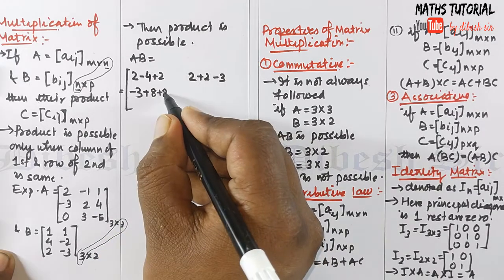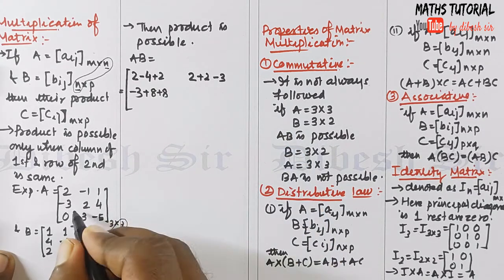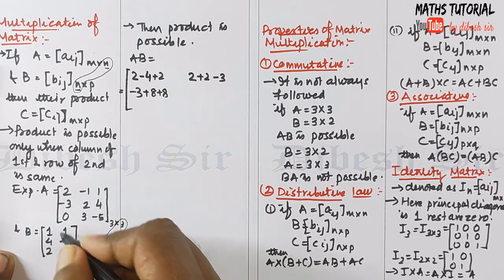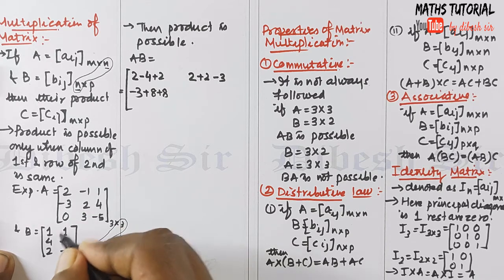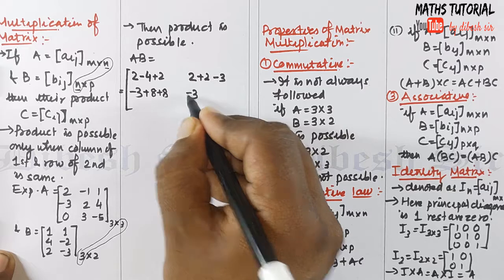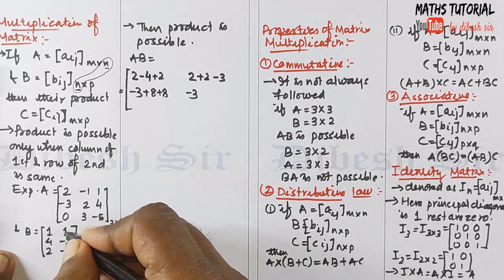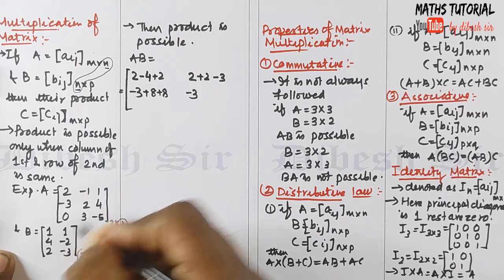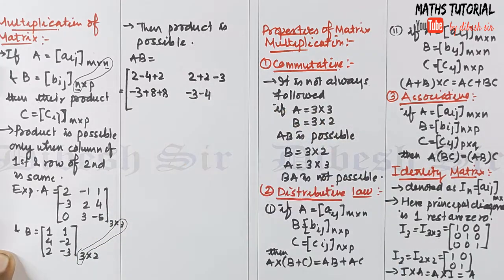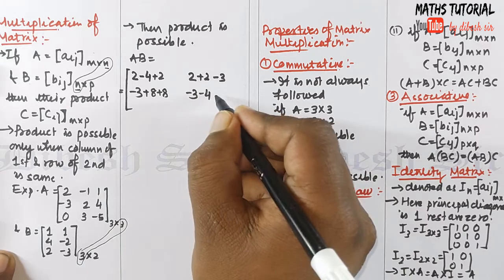Then again this row with this column. So minus 3 into 1, minus 3, 2 into minus 2, that is minus 4, 4 into minus 3, that is minus 12.